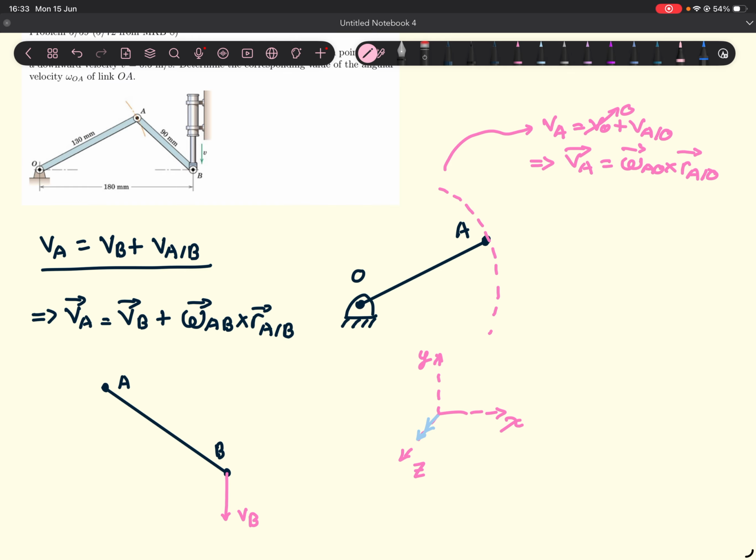So the only rule we have to then obey is that VA needs to be perpendicular to RAO, right? So VA, in simple terms, will be perpendicular to the, what do you call this vector? The position vector, OA. And this is true for any case of fixed axis rotation.